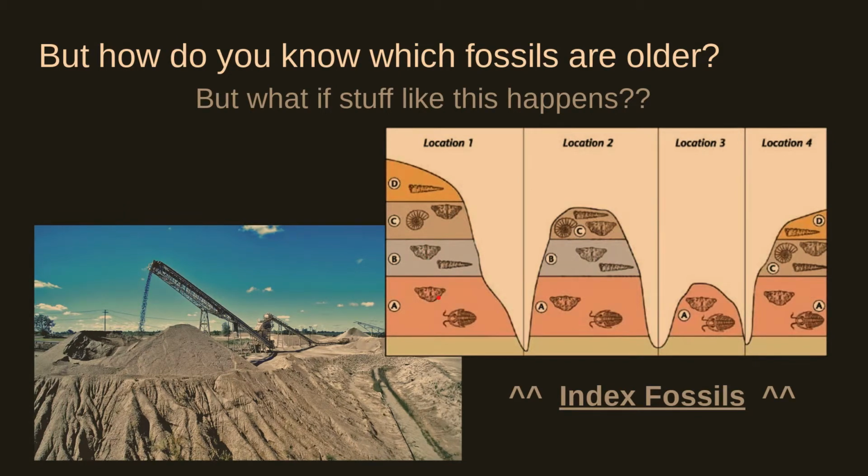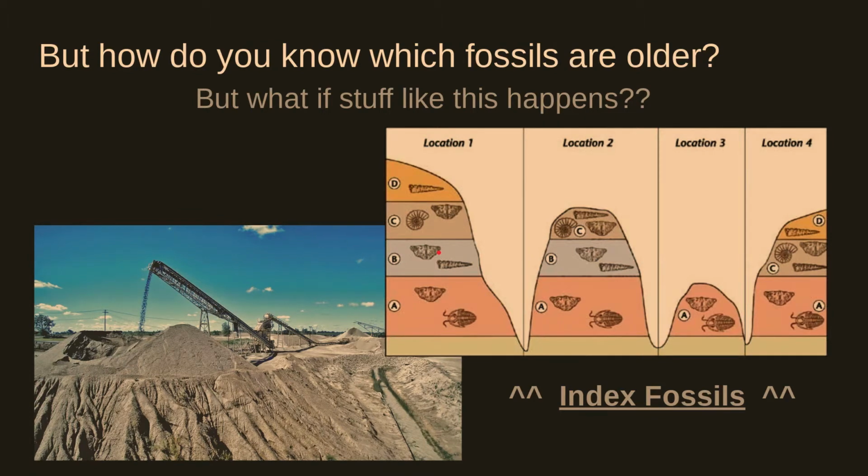If I find this little spiky thing next to the moth thing, it doesn't tell me anything about which layer it originally would belong in, because I see a moth shaped thing here and I see a moth shaped thing here. So this moth shaped thing is not a good index fossil.